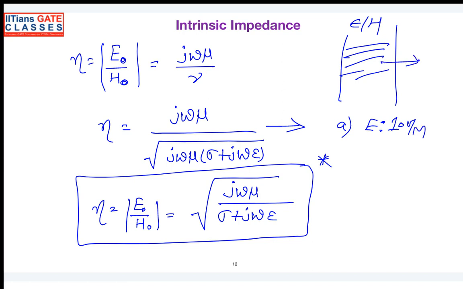In the second case, let us say the electric field strength has become 20 per meter. So compared to the first case and second case, what happens to the impedance of the medium? When the electric field increases, will the intrinsic impedance of the medium change, or will it remain the same?